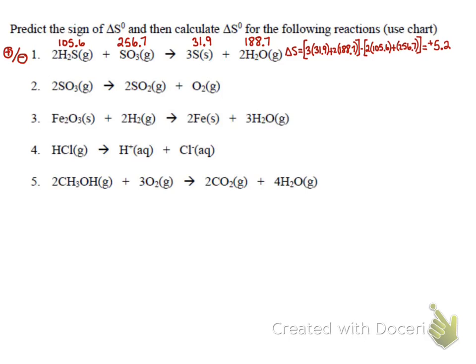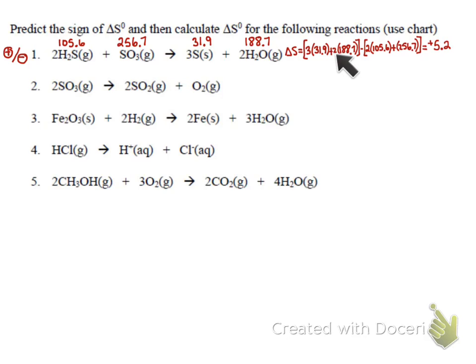And then plugging into the entropy equation, the delta S, which is what we're looking for, is the sum of all the entropy of the products minus the sum of all the entropy of the reactants. The reactants are sulfur and water. Multiply them by the coefficients in the balanced equation. So it's going to be sulfur times 3 plus water times 2.